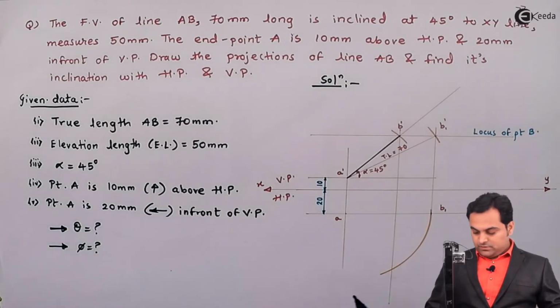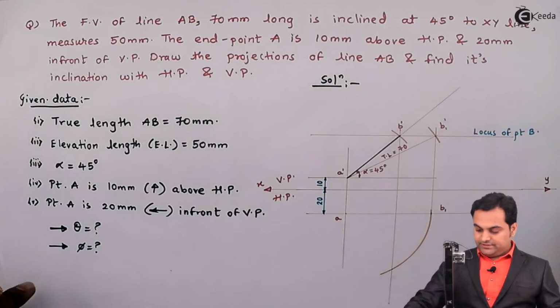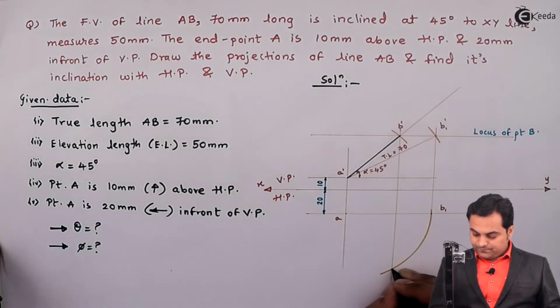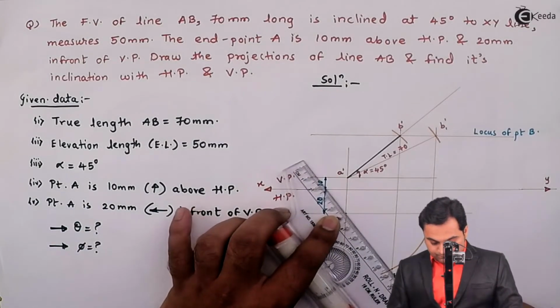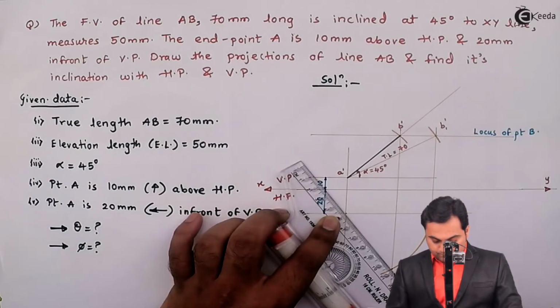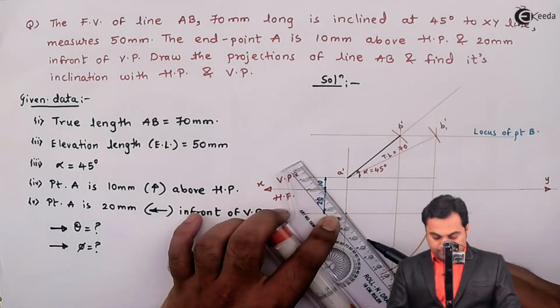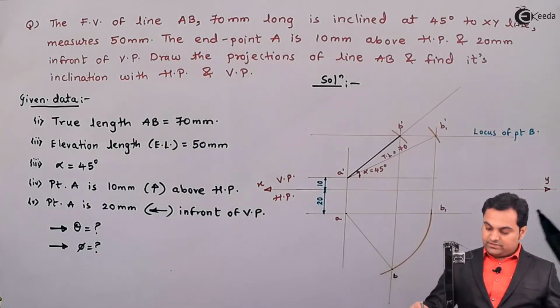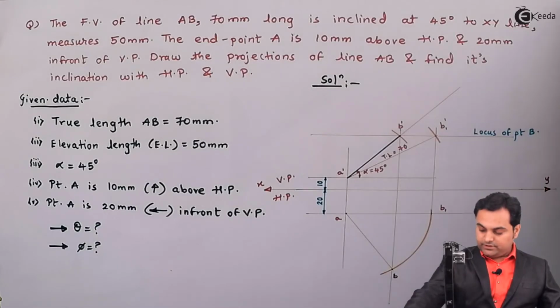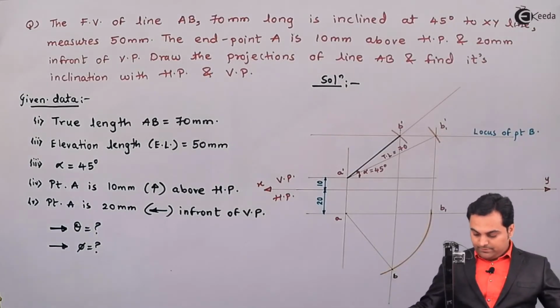So here I am getting this point. I'll say it is point B, joining them with the help of light line. Next, this is the apparent length in the top view, so I'm making it dark.